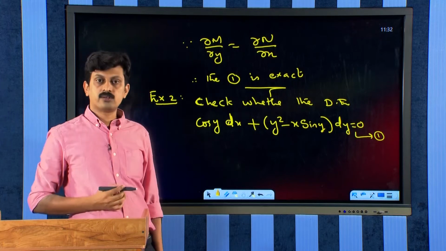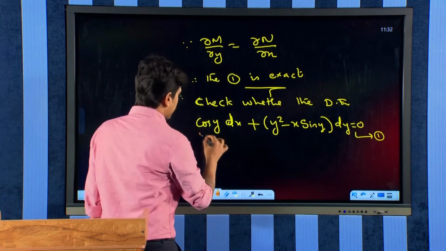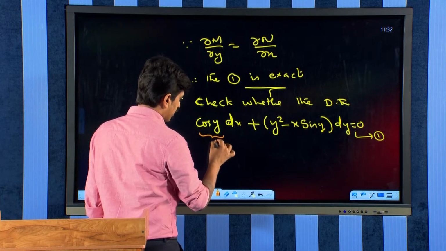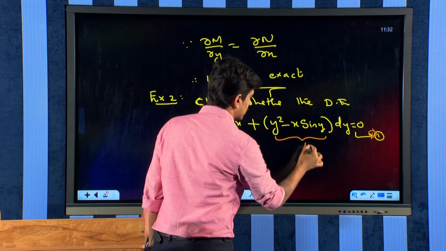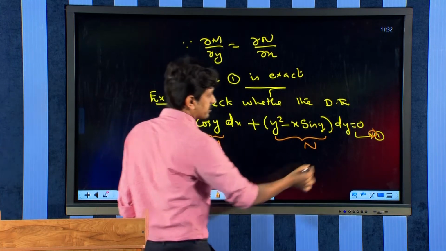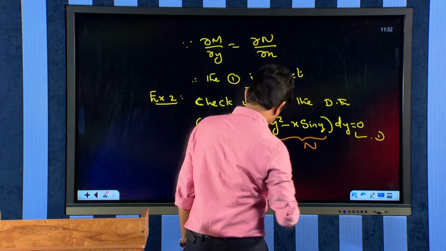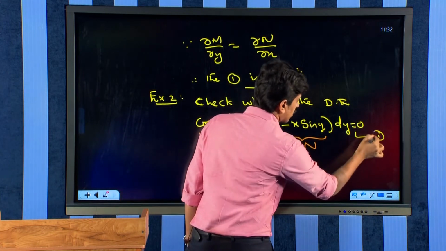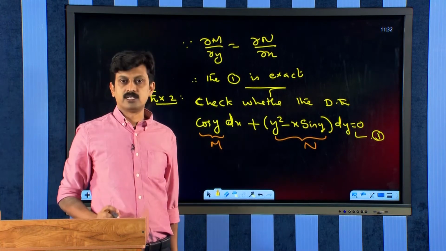See, from here we understood that this is M, and similarly this is N. Fine, we have M and N.